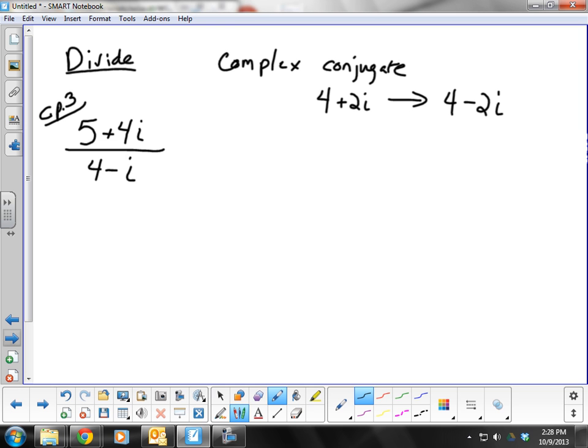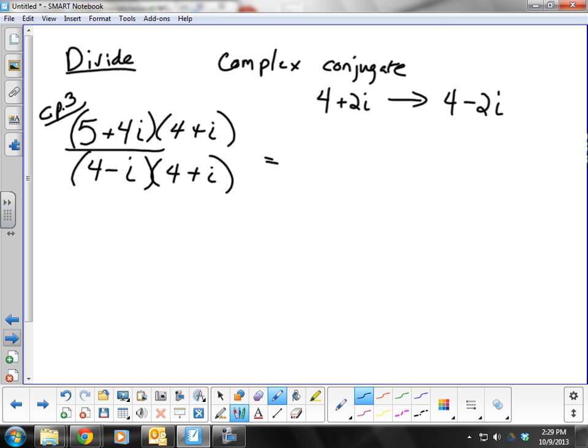Then what you do is you take the denominator and you multiply by the conjugate. So I'm going to take 4 plus i, but if I do it to the bottom, I've got to do it to the top. Okay? So when I divide, remember I'm not really going to divide, I'm going to multiply.